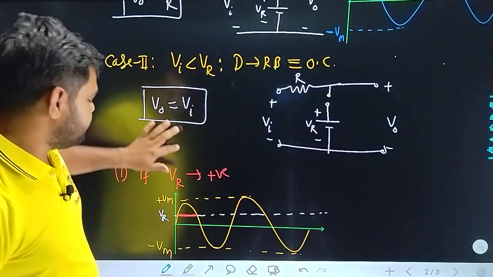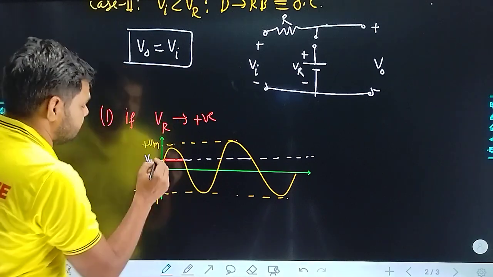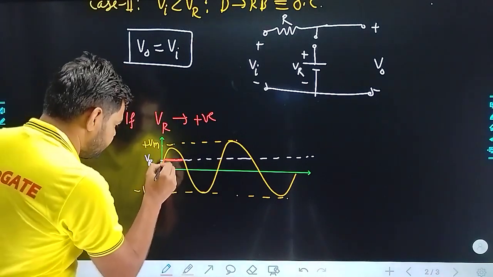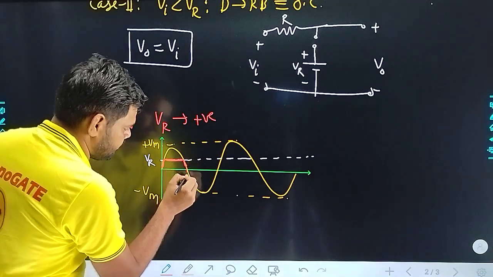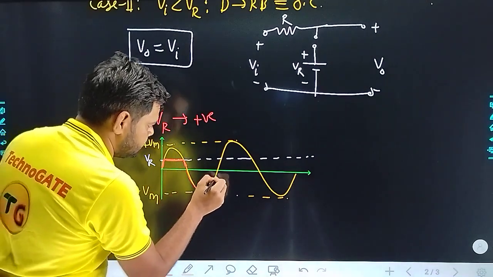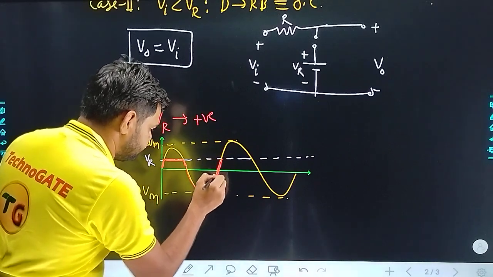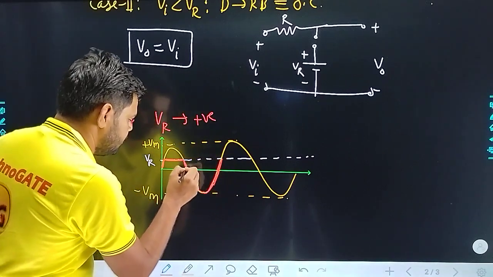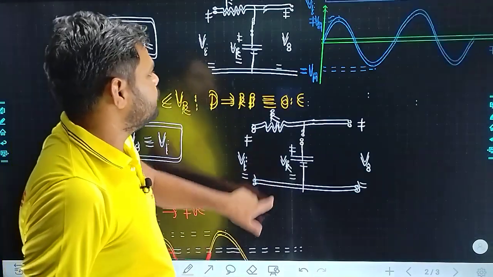If the V input is less than Vr, which means that section to that section and this particular one, in this condition, output and input will be overlapped like this. So input and output waveform will follow each other. If you want to clearly understand this section, have you noted this waveform?